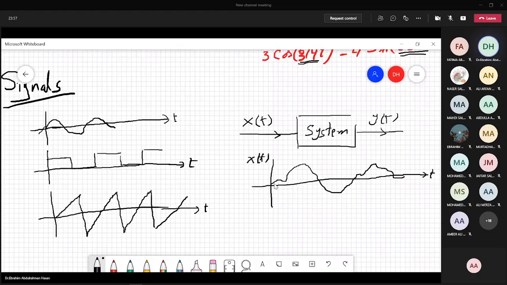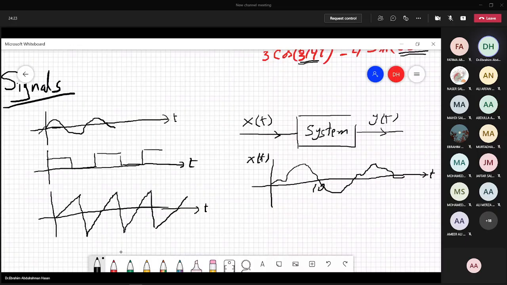So at time, for example, if you want to find the value of x of t at 1, you can find it here, 2 here, 15, let me say, here. So this is continuous, connected all the way.